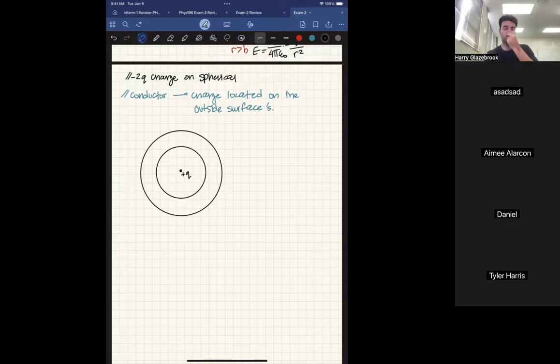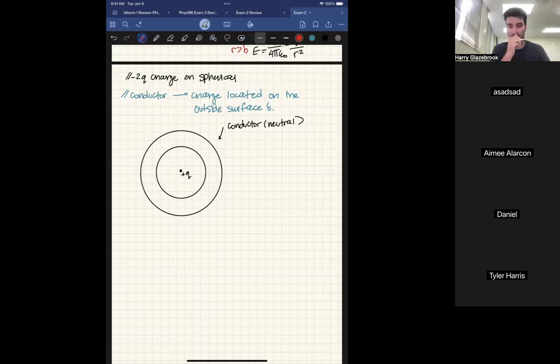If I have a point charge inside of a spherical shell, and this is a conductor that's neutral, what's going to happen is the charges inside this conductor are going to polarize. If you remember from the first chapters, if we bring a charge close to a neutral conductor, it's going to polarize it.